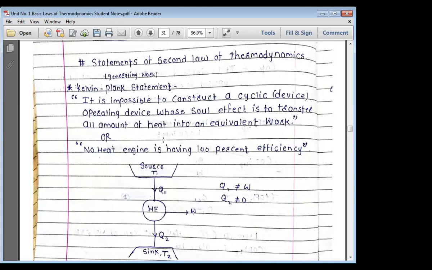Kelvin Planck statement is related to engine. Only the efficiency of the engine and the word engine will come in it. It is impossible to construct a cyclic operating device whose sole effect is to transfer all amount of heat into an equivalent work, or no heat engine is having 100% efficiency.